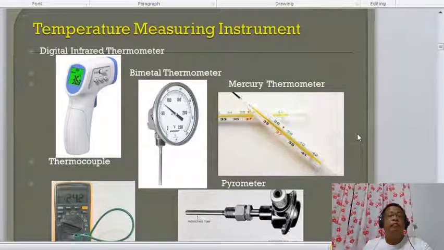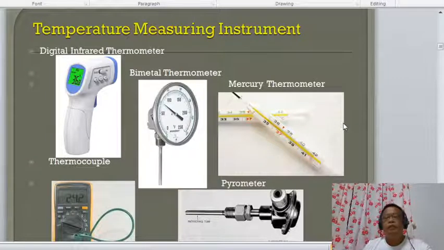That is the common measuring instrument, the mercury thermometer. We also have the so-called digital infrared thermometer. That is another high-tech instrument used to easily determine the temperature of a body.